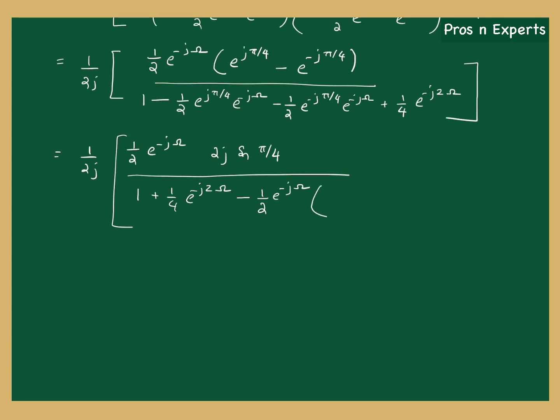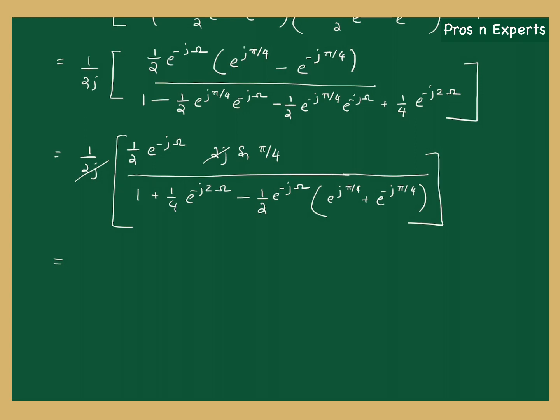So what remains is e raised to j pi by 4 plus e raised to minus j pi by 4. Okay, so I can cancel out 2j and 2j, right? And what is sine pi by 4? Sine pi by 4 is 1 by root 2.